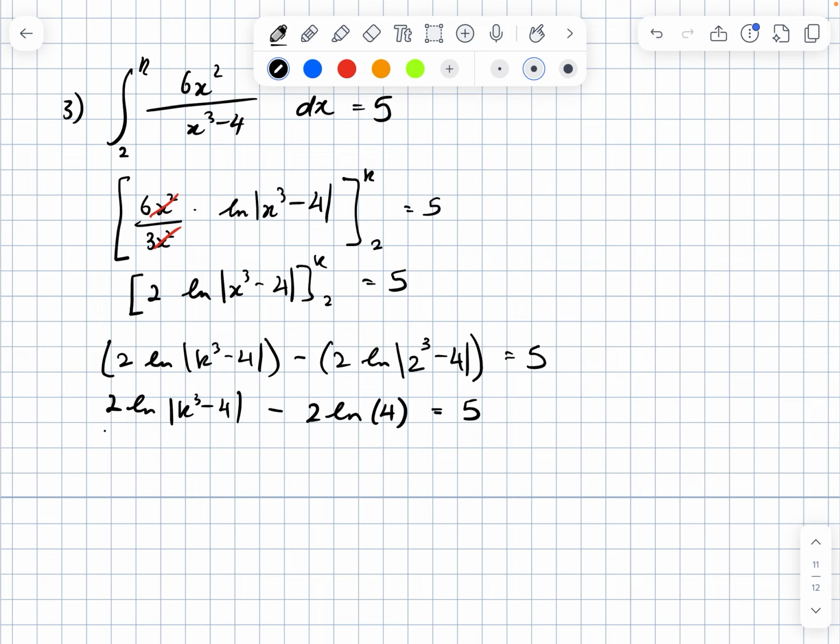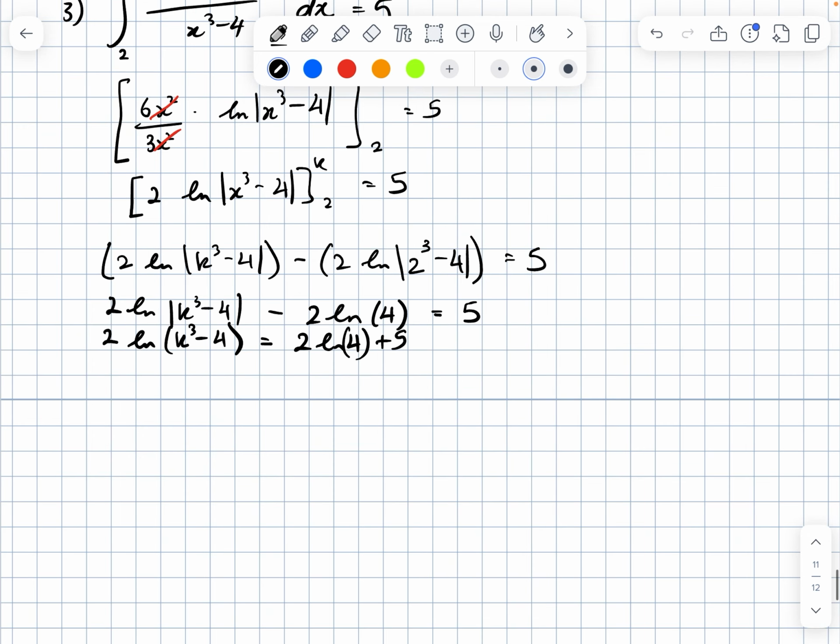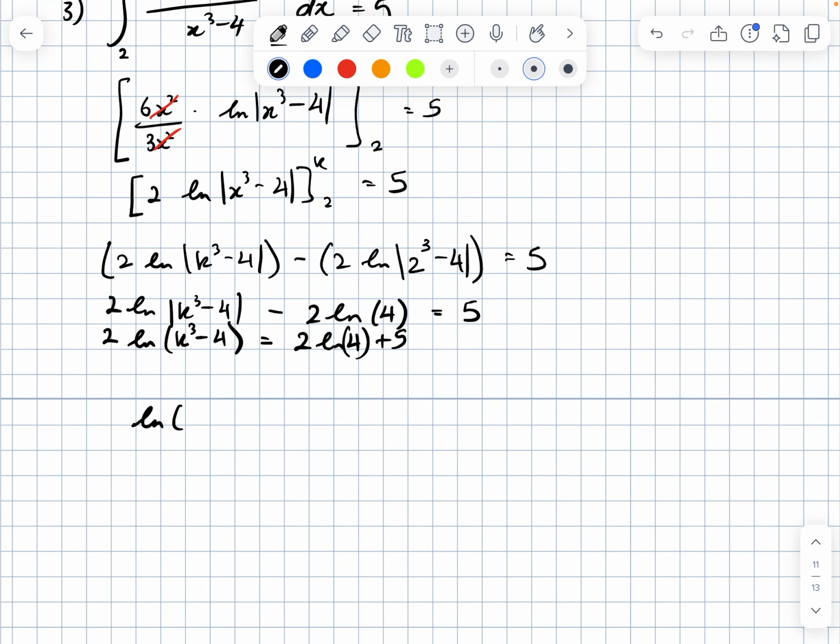So I can also drop the absolute value signs there. Equals 2 ln of 4 plus 5. Divide by 2. 2 ln 4 plus 5, divided by 2, and then take the e of the right hand side to give you k cubed minus 4 equals e to the power of that whole thing.